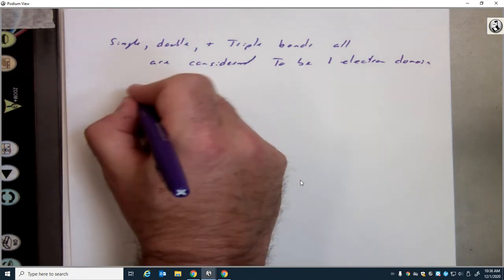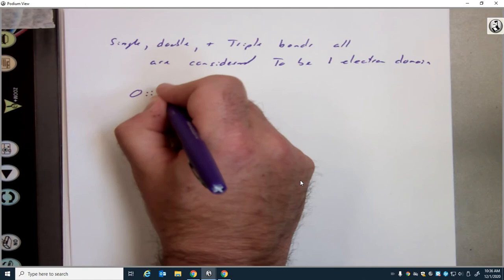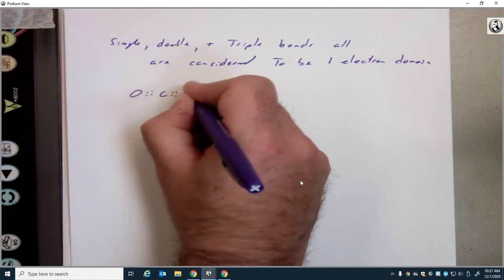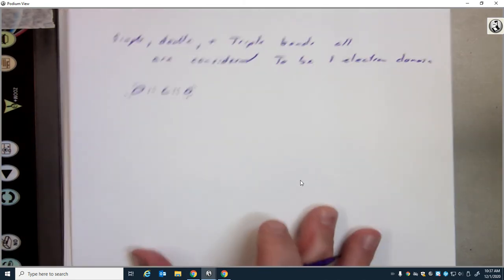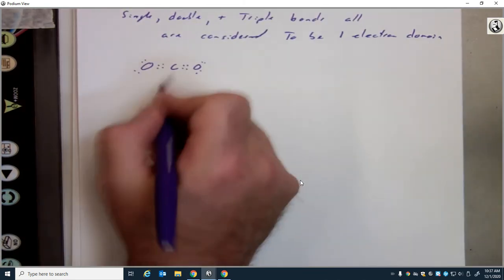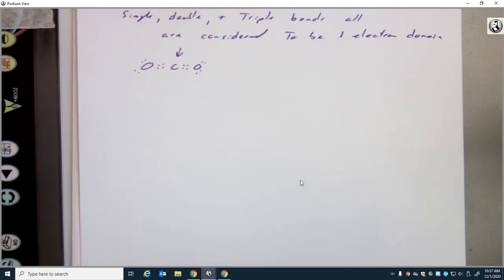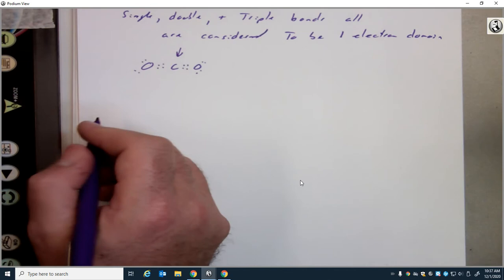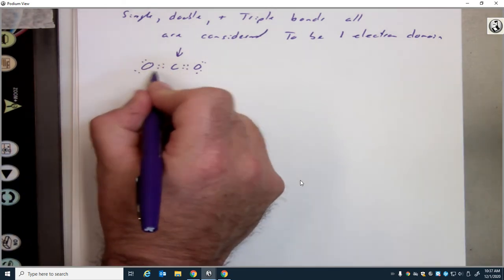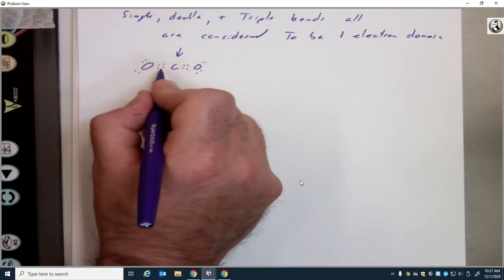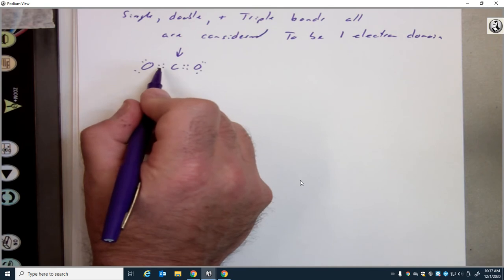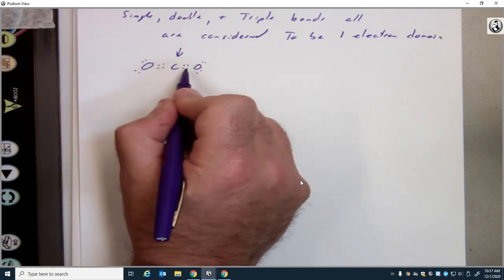So if we have carbon dioxide, all right, we're going to look at the central atom, okay, because we always focus on the central atom. And it has two double bonds. This is a bonding domain, though. It's one bonding domain. Now, we have two pairs of electrons in there. That's okay. It's a double bond, but it's still just one bonding domain. Same thing over here.